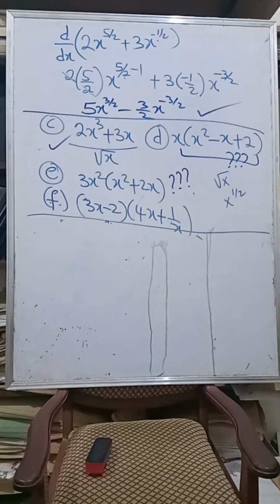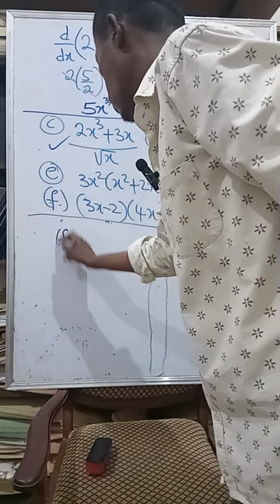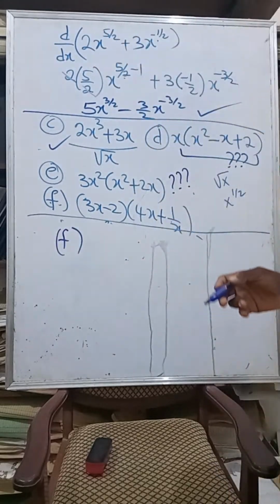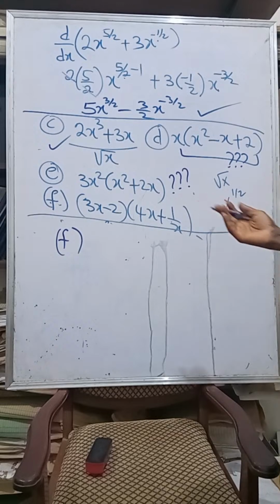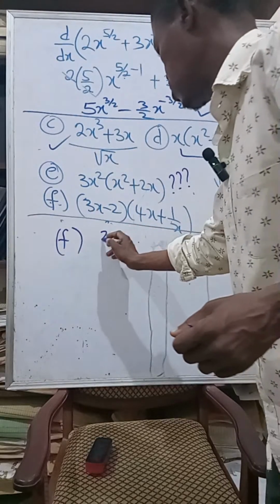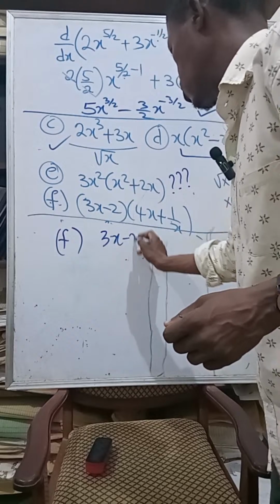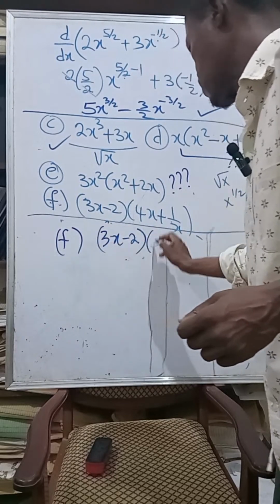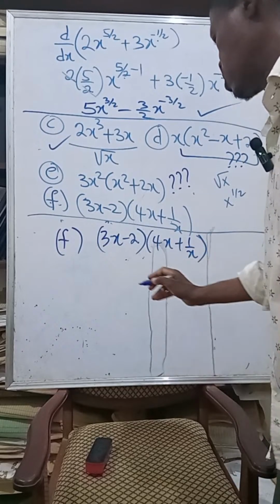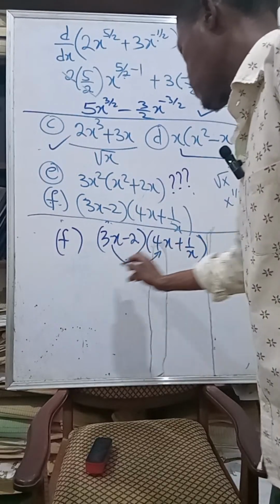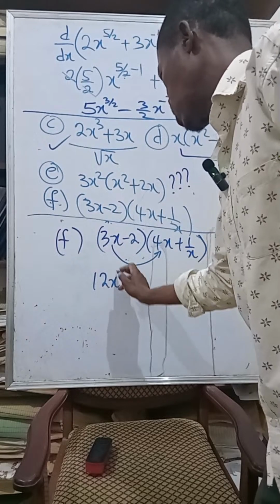For the F, we're going to do the expansion. I could use the product rule, but I don't want to do that. I want to do the expansion before you differentiate. So this one times this one, that's 12x squared.